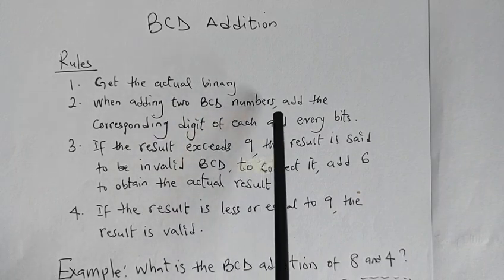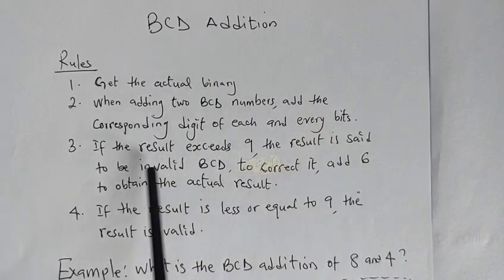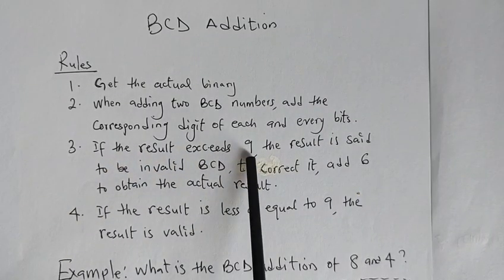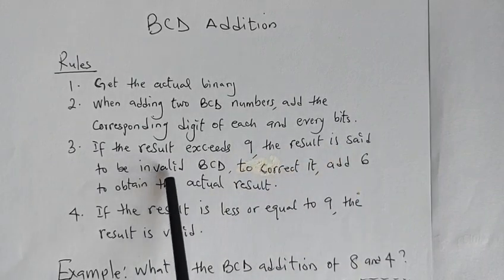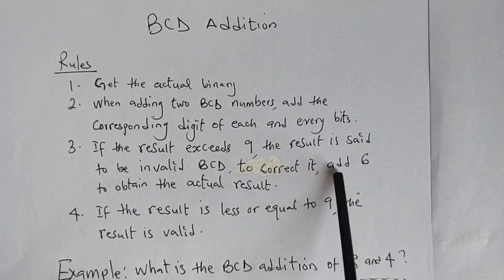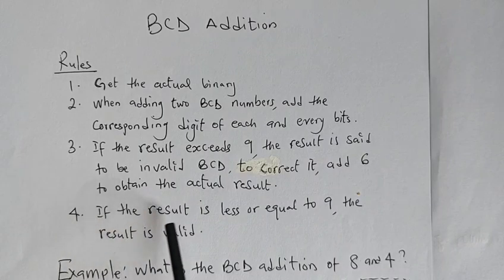It says let's add the corresponding digit of each and every bit. 3. If the result exceeds 9, the result is said to be invalid BCD. In order to correct it, we need to add 6 to obtain the actual result. 4. If the result is less than or equal to 9, the result is said to be valid.